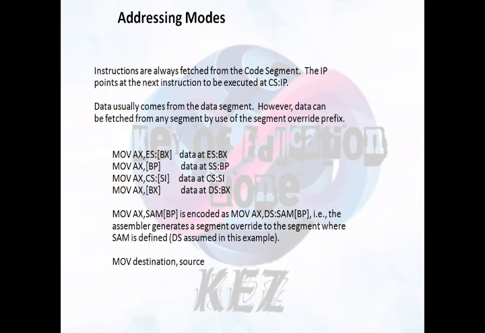Instructions are always fetched from the code segment. The IP pointer points to the next instruction to be executed, that is CS:IP. Now data usually comes from the data segment. However, data can be fetched from any segment by use of a segment override prefix.